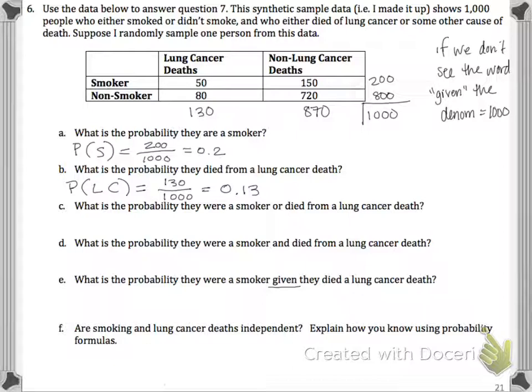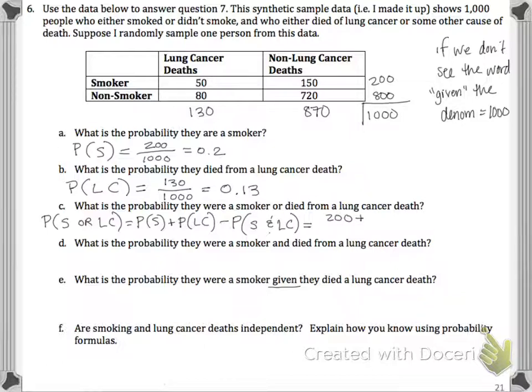When it says, what is the probability they were a smoker or died from lung cancer? We have a formula for that. Smoker or lung cancer is the probability they smoked plus the probability they died from lung cancer minus the probability they were a smoker and they died from lung cancer. So here we go with the total number of people who smoked, that's 200.